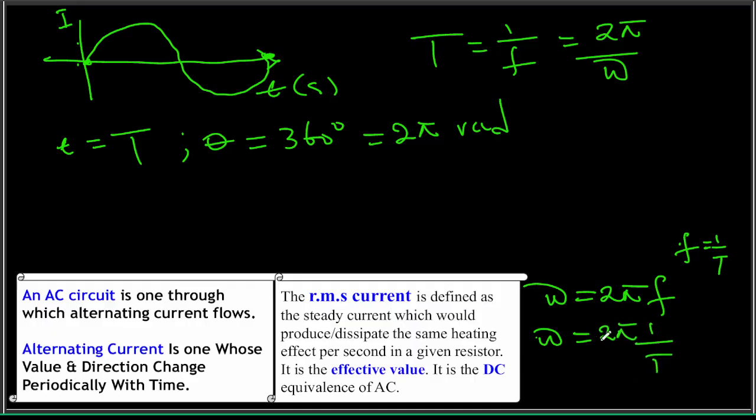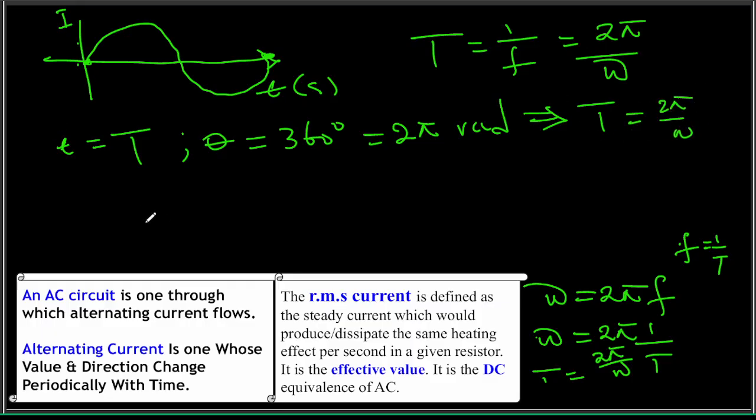That means period is equal to 2 pi over omega. So take note of these two formulas for period. Very, very important. So when t is equal to period, that also means that period is equal to 2 pi over omega.